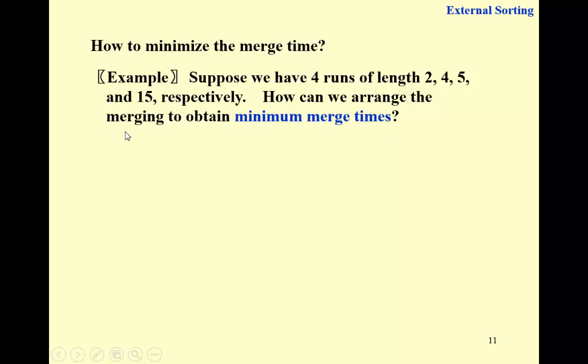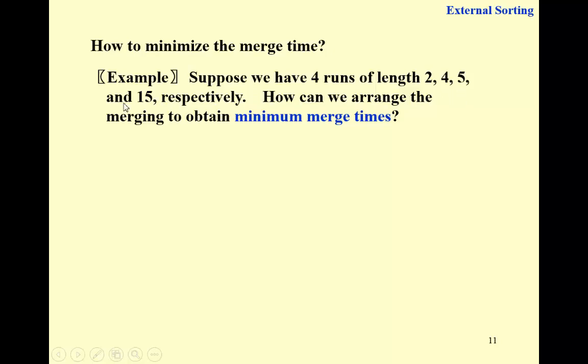How can we arrange the merging to obtain minimum merge times? Say if we merge 2 and 4 first, and then merge 5 and 15, then we're going to obtain 2 runs, one with the length 6 and the other one with the length 20, right? And during that merge, everybody is merged once.